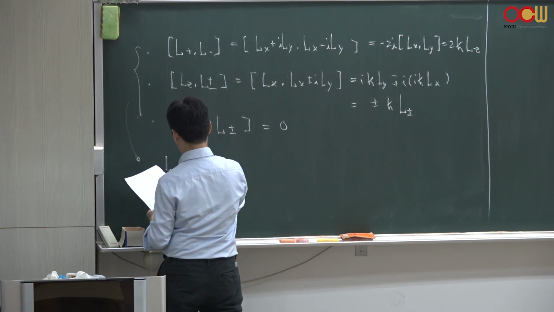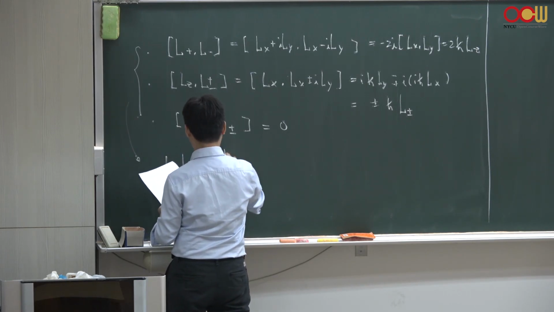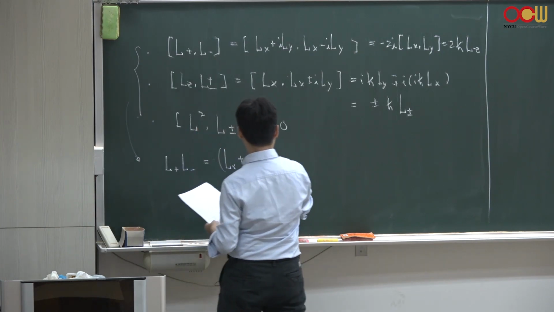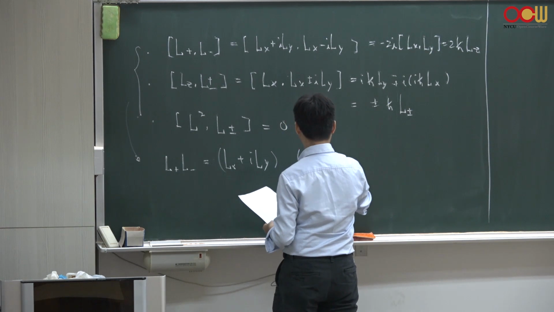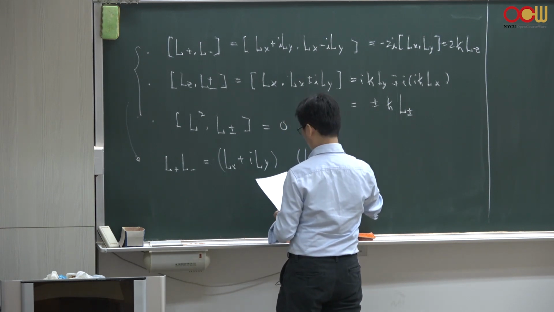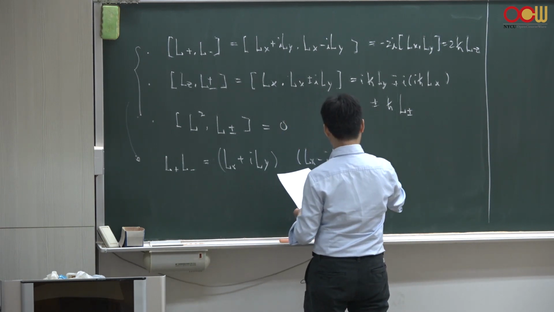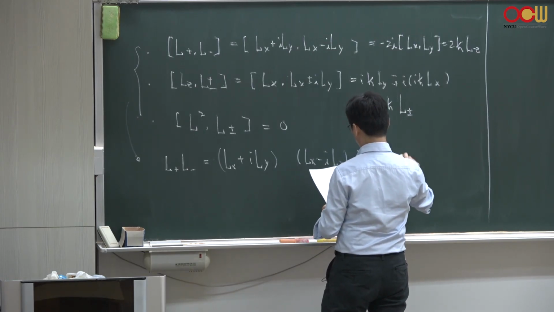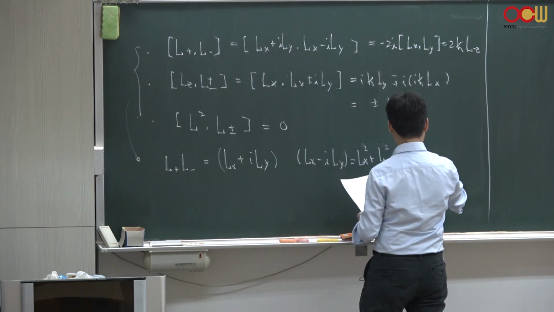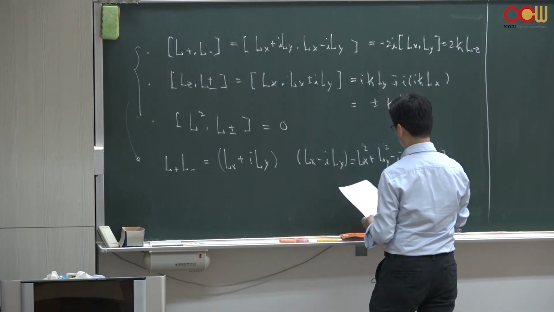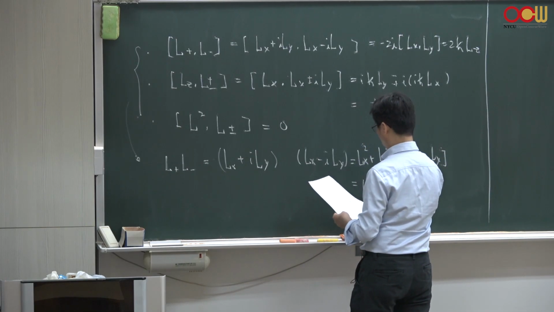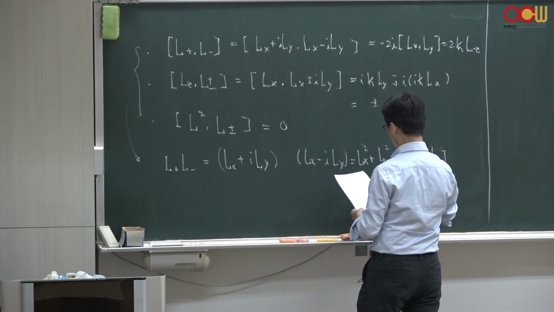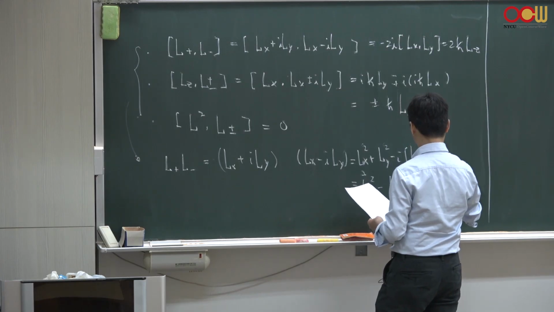L plus L minus is given by Lx plus i Ly times Lx minus i Ly, which is Lx squared plus Ly squared minus i times the Lx, Ly commutator, which is given by L squared minus Lz squared plus h bar Lz.